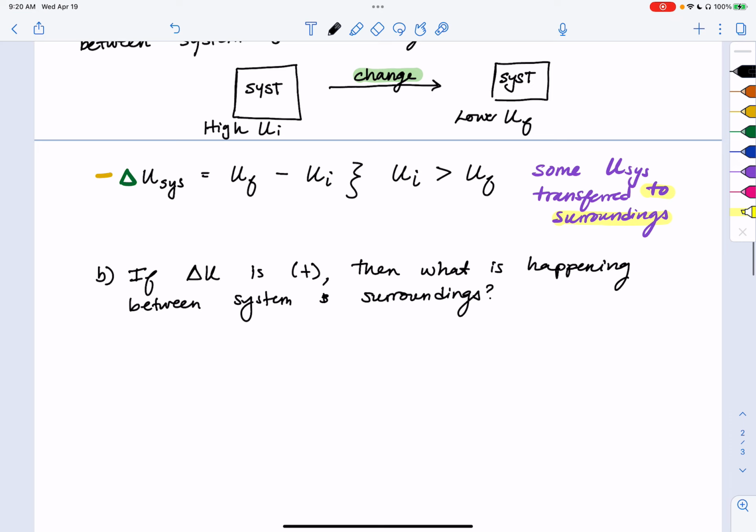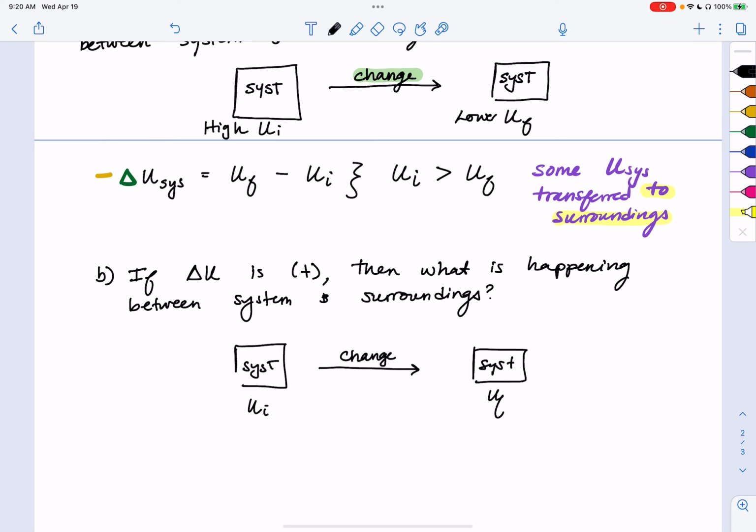So a little diagram here. So I've got, again, my system that is at some initial total internal energy. It undergoes some kind of change, and then my system winds up at some new final total internal energy.